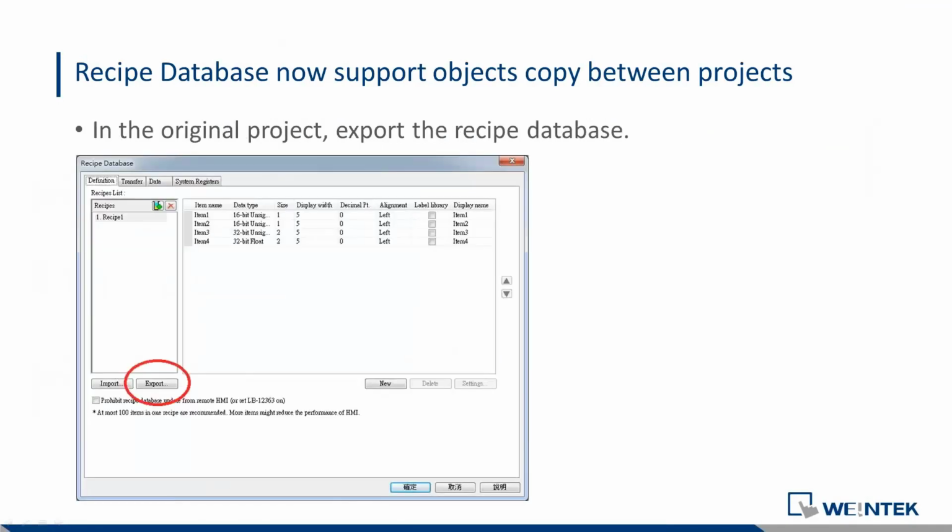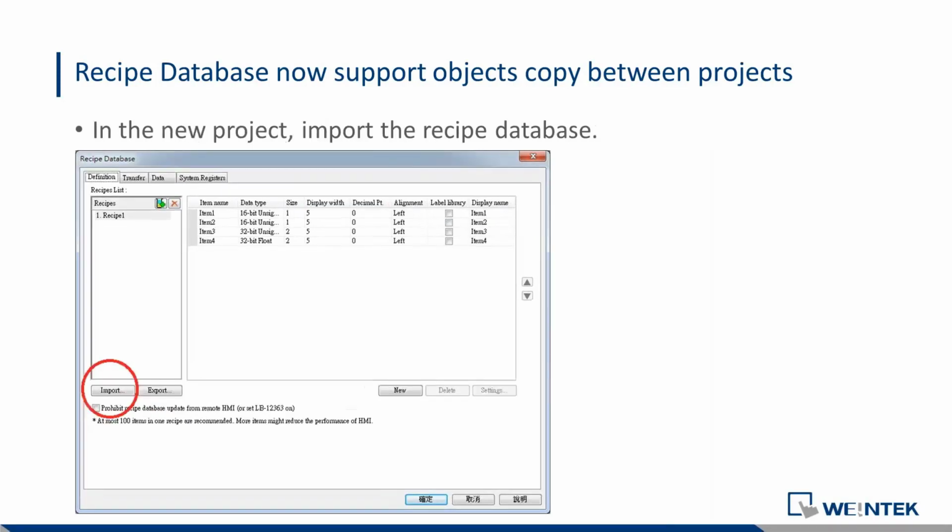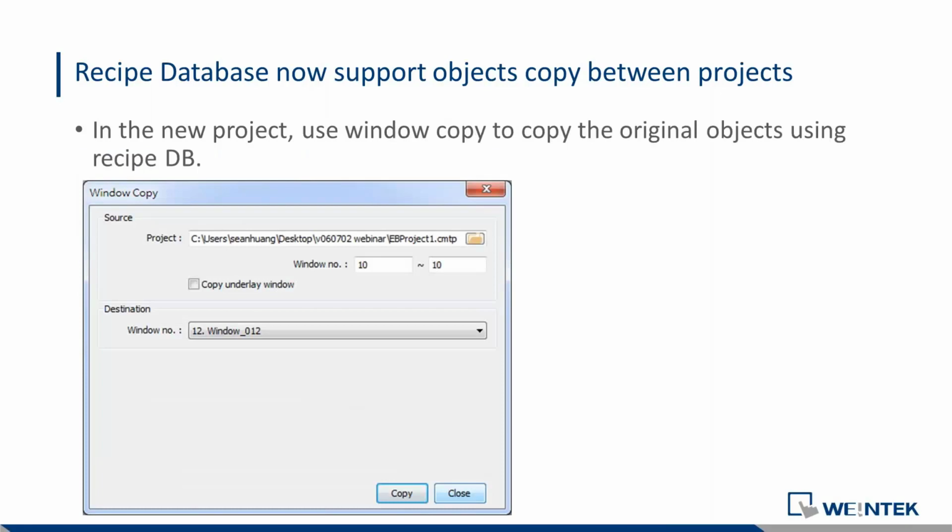So it should be quite easy to understand, right? So in the original project, you can just export the recipe database, all right? And then in the new project, you just need to import the recipe database, all right? In the new project, you just use a window copy to copy the original objects that are using this recipe database. Right, so make sure that in your new project you have already imported the recipe database.